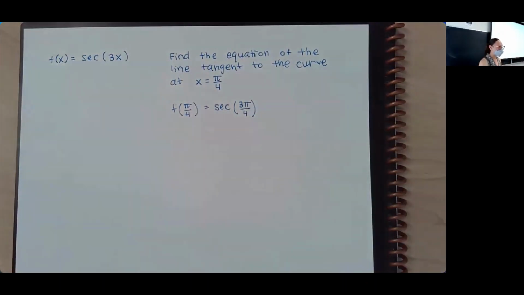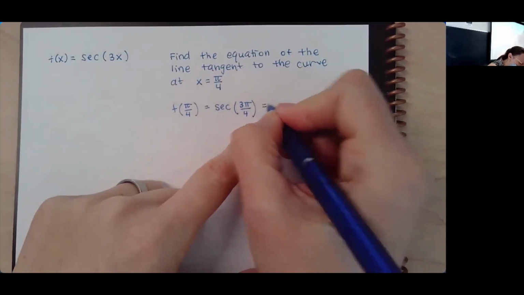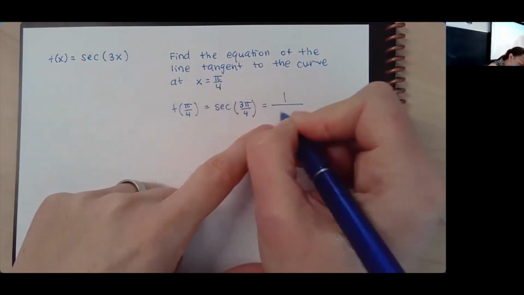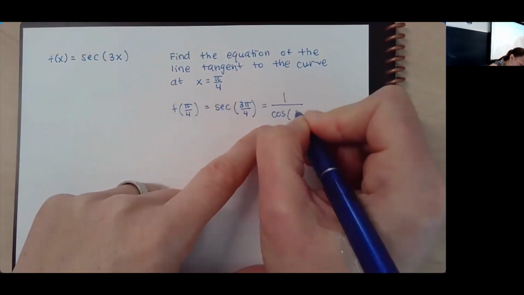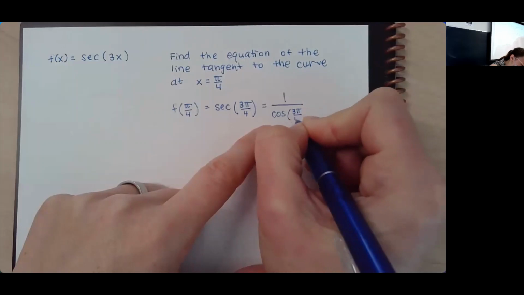And I don't have my secant, cosecant, cotangent facts memorized nearly as well as I've got my sine, cosine, tangent. So I'm going to choose to rewrite this as 1 over cosine of 3 pi over 4.